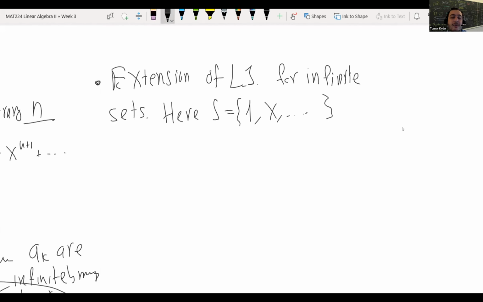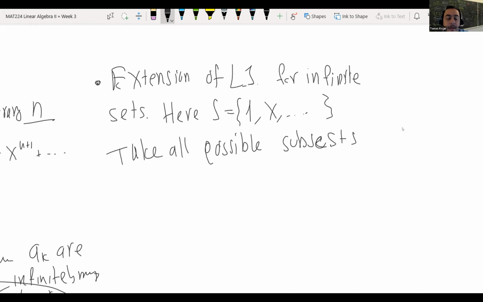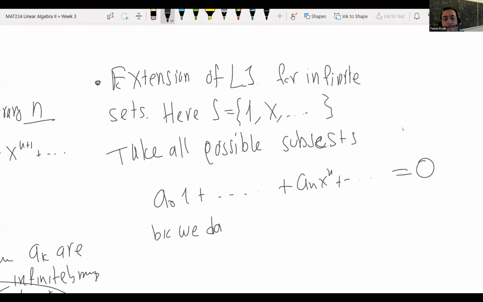So the most you can do is take all possible subsets. Again, I'm not allowed to write a0 + a1 x + ... + an xn equal to 0 with infinitely many terms, because we don't have power series.